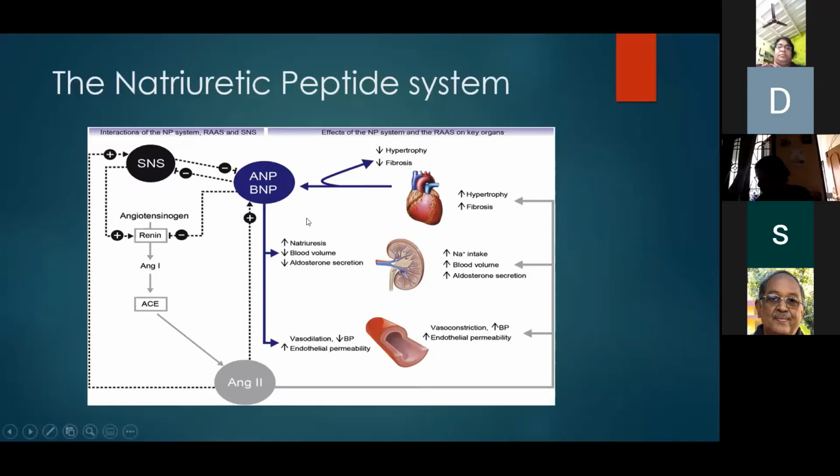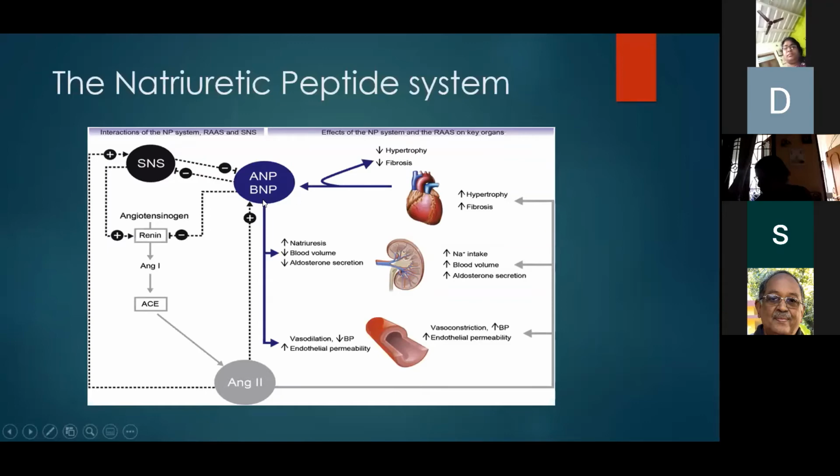The sympathetic nervous system and angiotensin 2, you can see here, release ANP and BNP. So atrial natriuretic and B-type natriuretic peptide are also released by angiotensin 2.